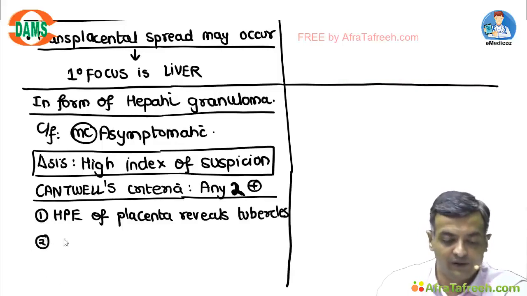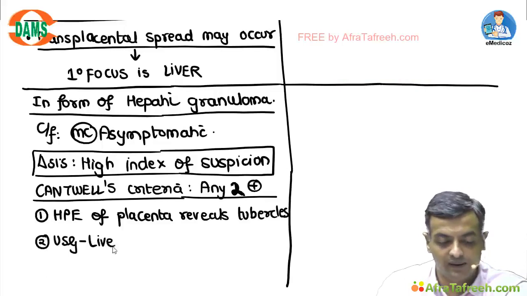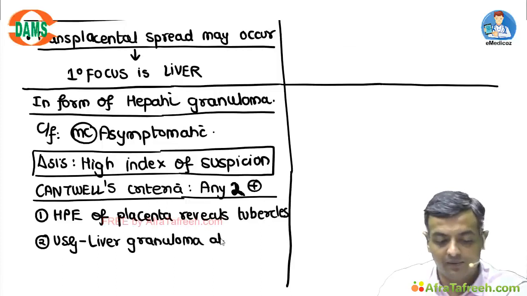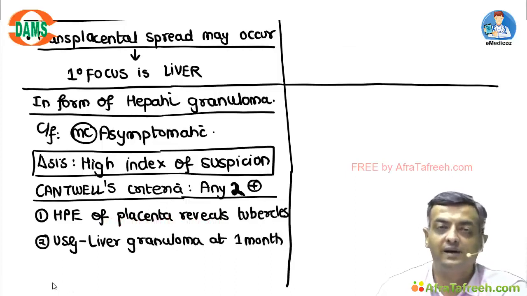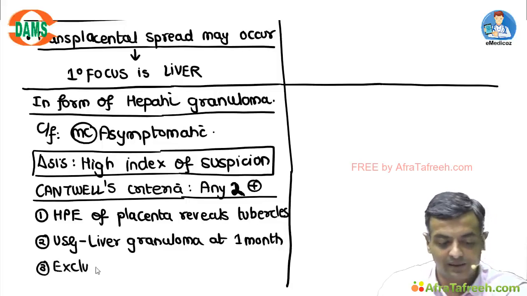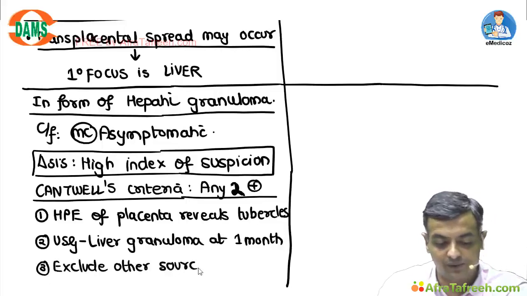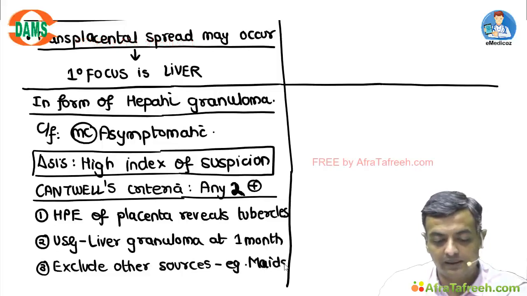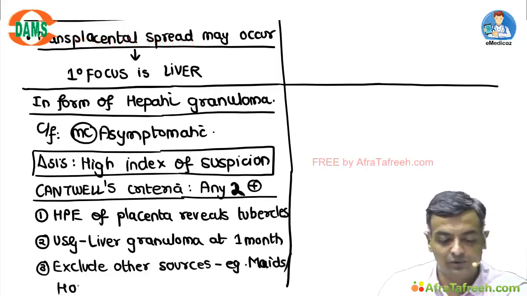Number two, if that was not done, then ultrasound shows liver granuloma at 1 month of age. And number three, you have to exclude other sources of tuberculosis, for example the maids, relatives or other household members to whom the child should not be exposed.